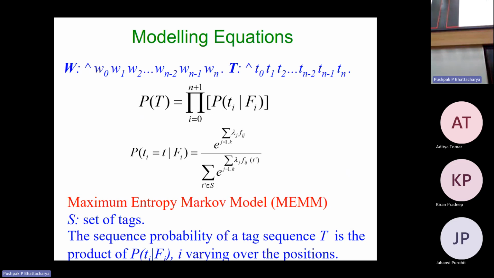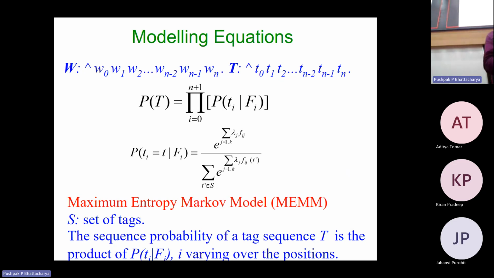And by feature, we have already seen what is meant. So the probability that Ti, the tag at the ith position, is t, one of the tags from the repository, noun, adjective, verb, adverb, and so on, given that the features are Fi, is modeled as an exponential distribution.